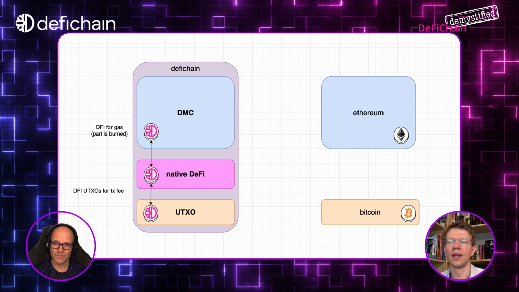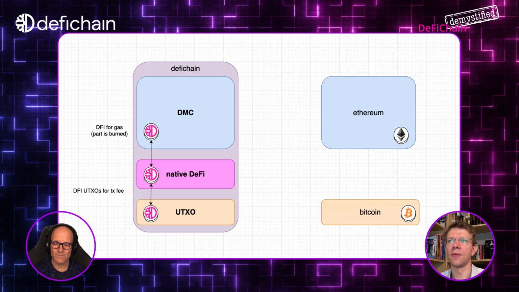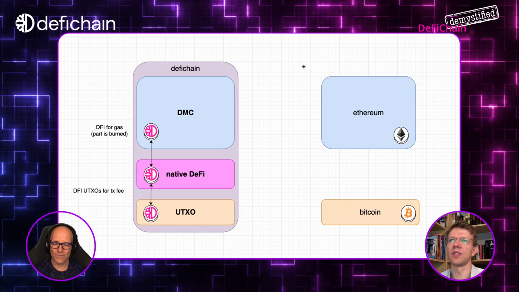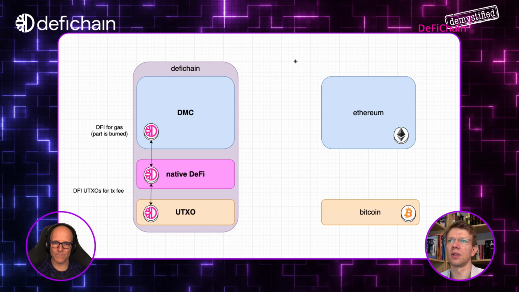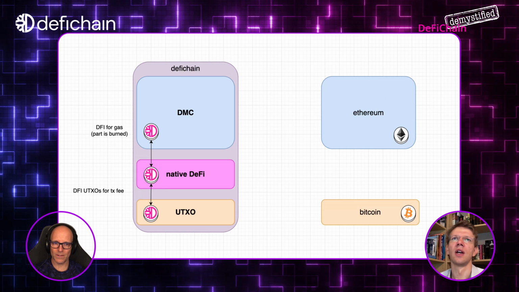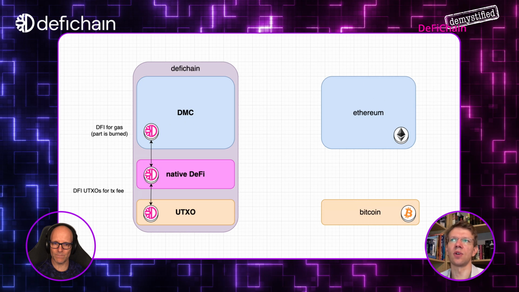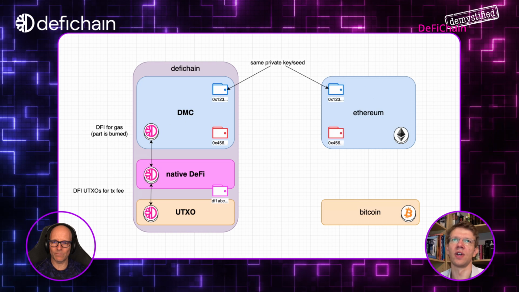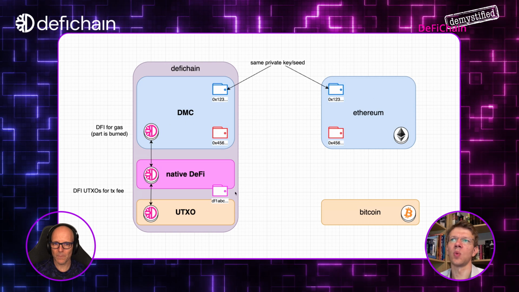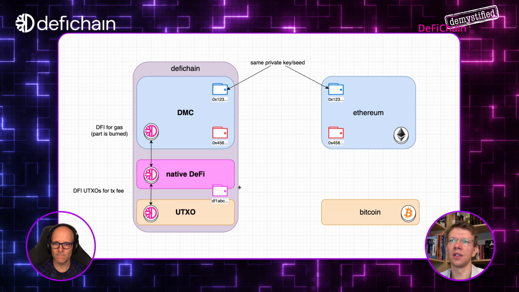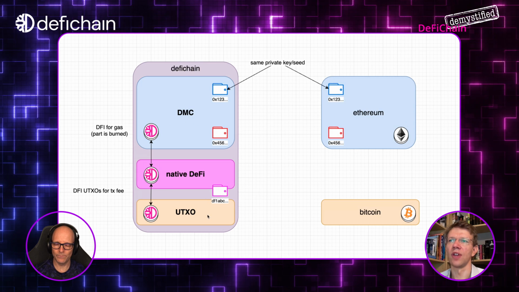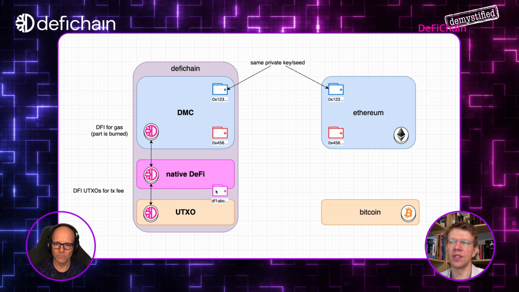Yeah, exactly. And the question comes up a lot when you talk about this stuff, so let's go a bit into the differences, or what you need to be aware of. The first thing is we have our native addresses, where we have UTXOs and native DeFi. That's our addresses.